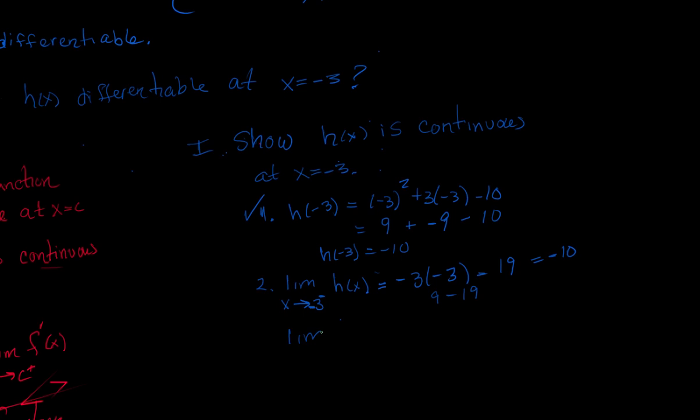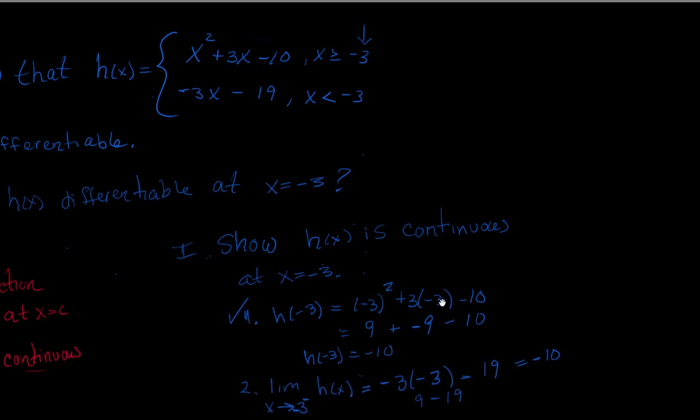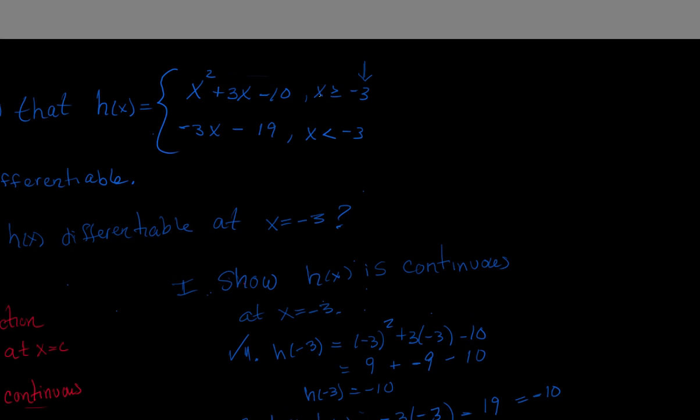Let's find the limit as x approaches negative 3 from the right for h of x. If we're approaching negative 3 from the right, then we need to use the first rule, since those are values like negative 2.9, negative 2.99, negative 2.999. Those are values that are getting closer to negative 3 but coming from the right.